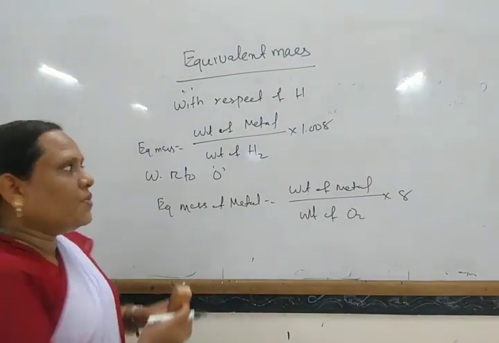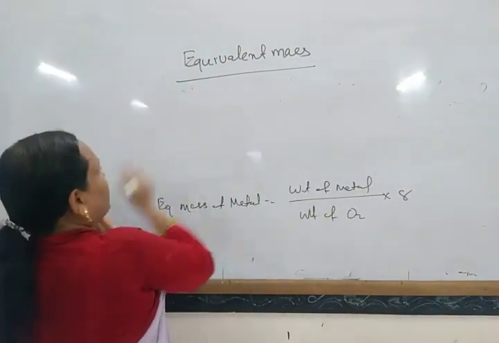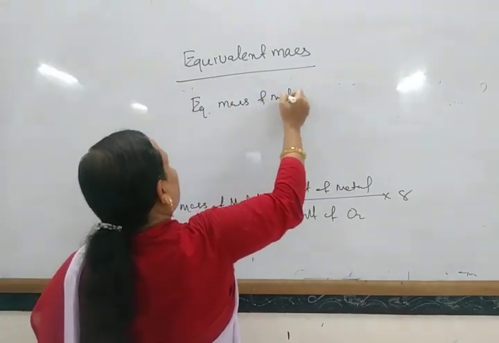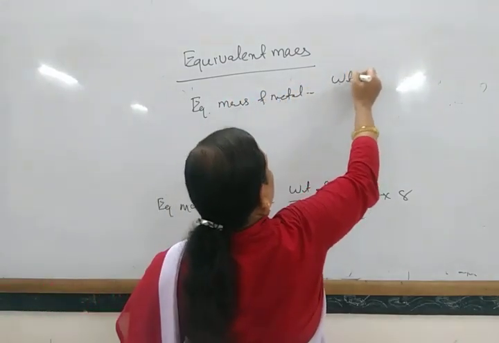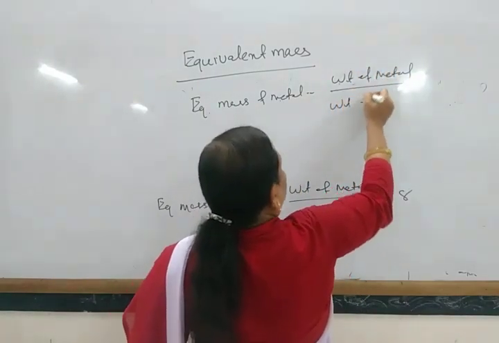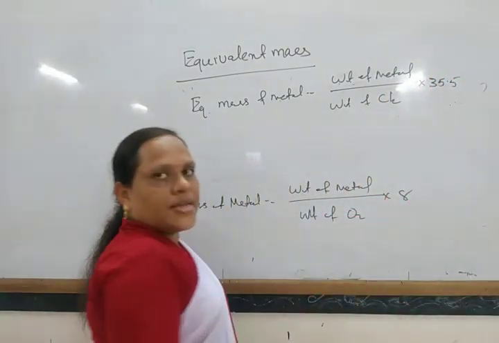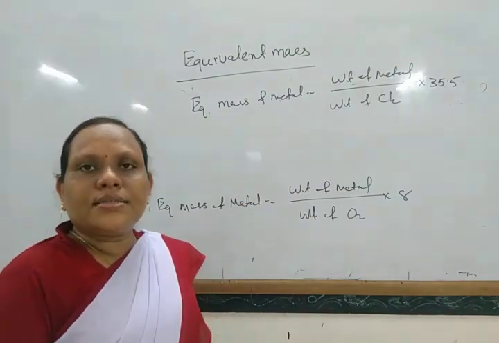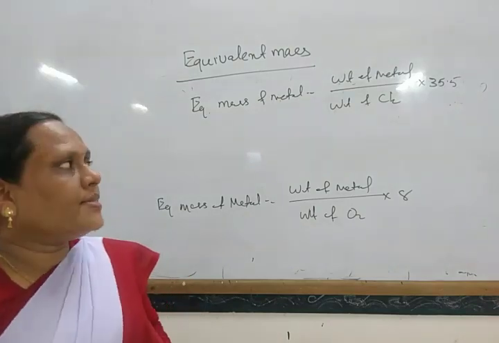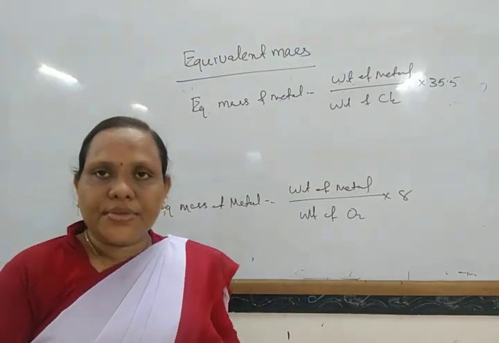Similarly, with respect to chlorine, the equivalent mass of metal or substance is equal to the weight of metal by weight of chlorine into 35.5. So in this way we can determine the equivalent mass of an element by comparing with chlorine, oxygen and hydrogen.